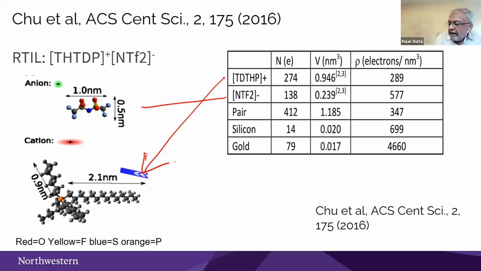Now, just since we're talking to an X-ray synchrotron audience, one of the early papers doing reflectivity looked at RTILs against a gold electrode. And of course, gold is a nice thing. It's non-reactive. You can make fairly flat surfaces.